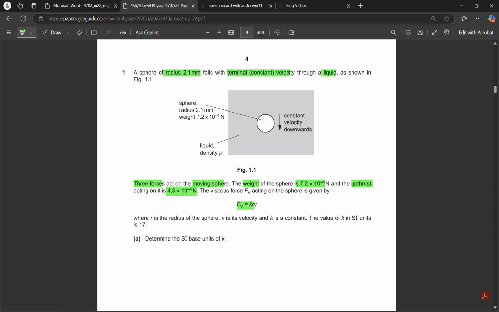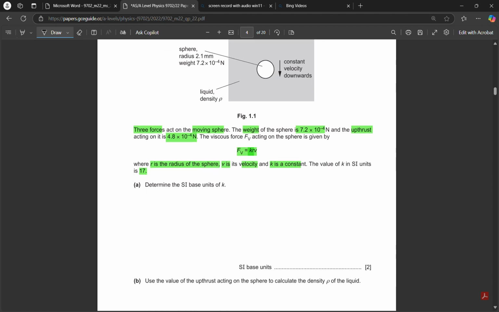This expression right here, r is the radius of the sphere, v is the velocity, k is a constant, and k is equal to 17. So always start a question by highlighting and identifying the key words and also pieces of information like given values and units and whatnot.